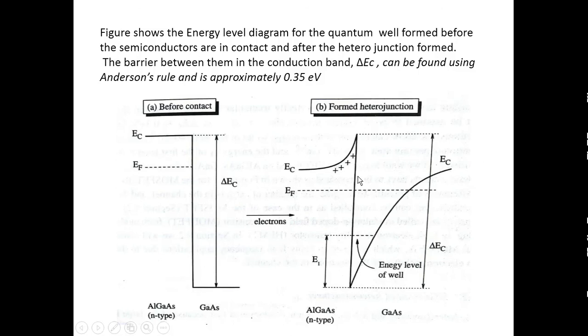When these two materials are joined, although the aluminum gallium arsenide is only slightly doped, some of its electrons will cross the interface into the gallium arsenide region. The electrons crossing from the aluminum gallium arsenide to the gallium arsenide produce a field between the two materials, at the interface.